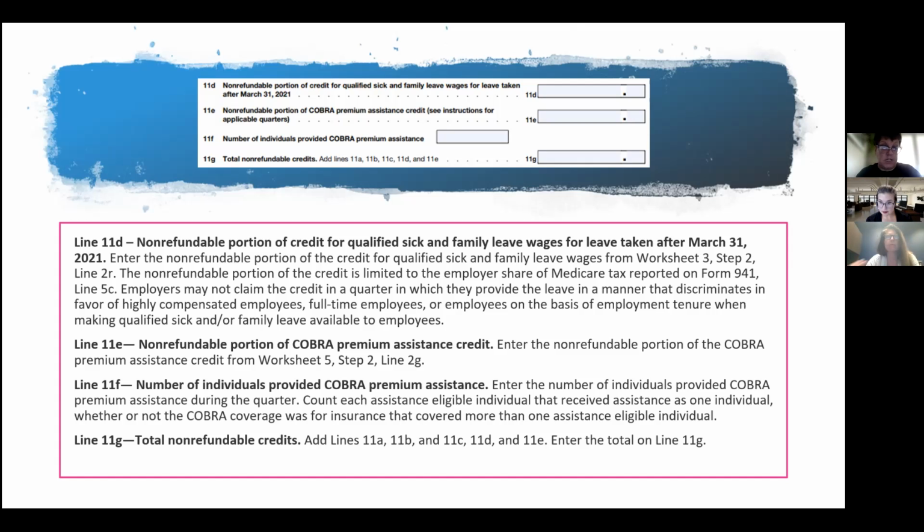Lots and lots of worksheets. They can be fun to put everything together, but pretty much they're straightforward, just where you put everything, adding and subtracting. Line 11G is just adding everything up.